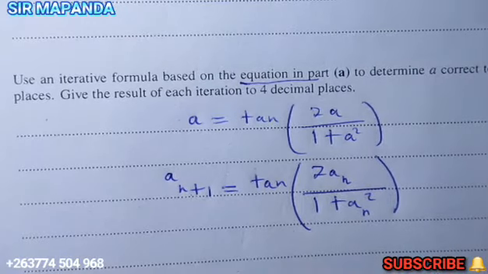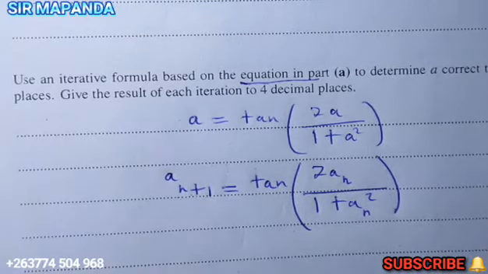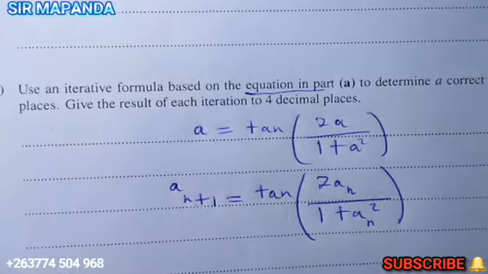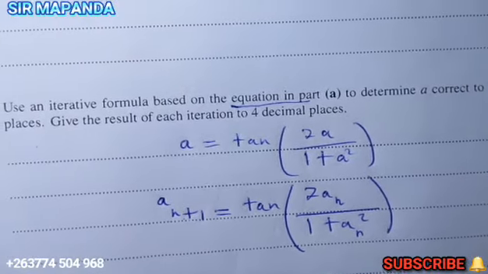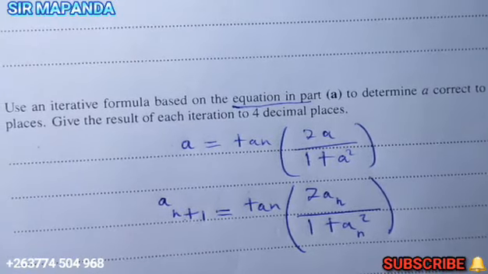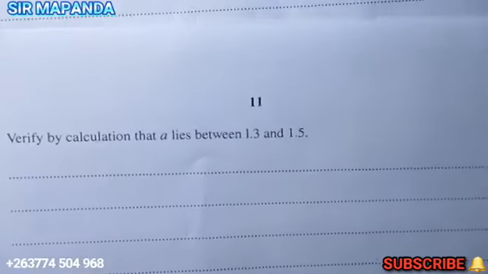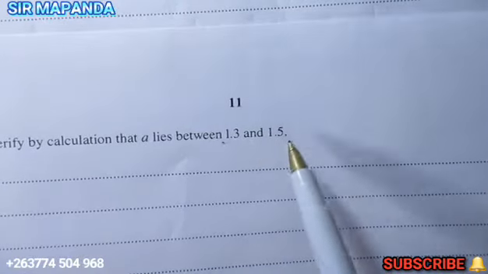Right, so you need to start by identifying what you call the initial value. The initial value is not given in this question like what they used to do. So the convenient value that you can make use of is the average of the lower limit and the upper limit.